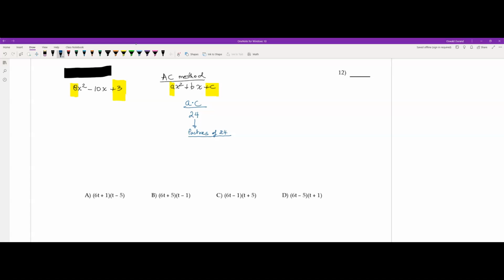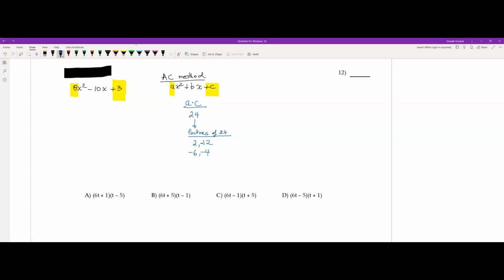So what are the factors of 24? We have 2 and 12, right? But it has to be 2 and negative 12, correct? All right, so we have that. We also have 6 and 4, so let's try 6 and 4. Both of them have to be negative: negative 6, negative 4.